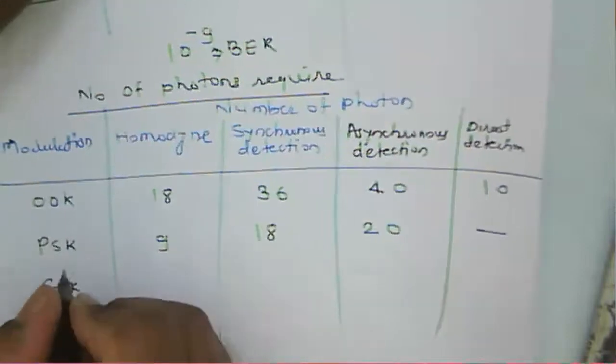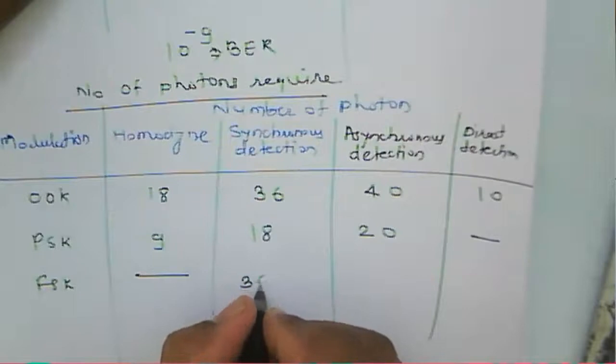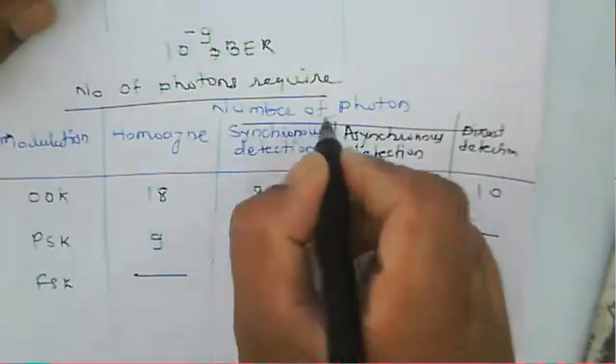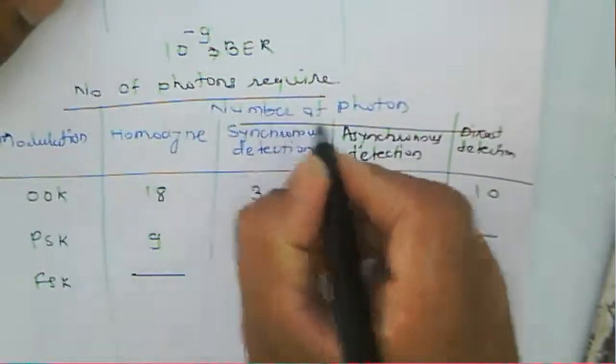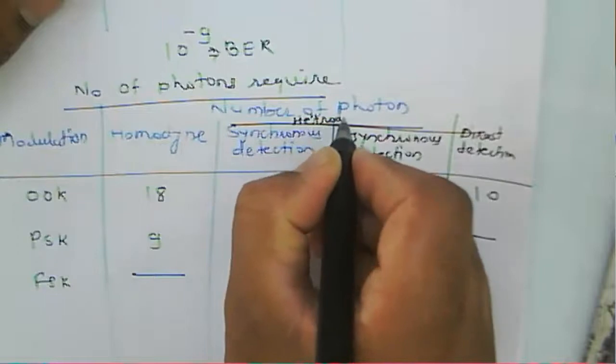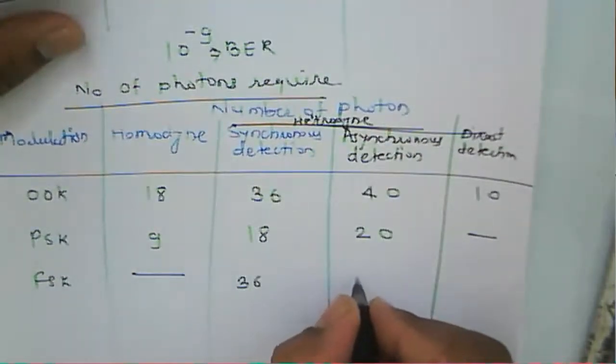If it is FSK here, no homodyne, it requires 36. Sorry, it is only synchronous, part of heterodyne. Okay, 36, and then this one is about 40.